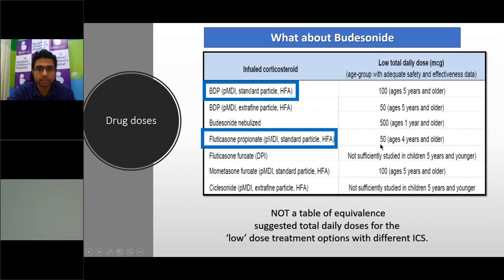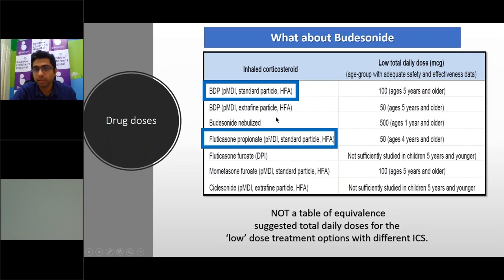This is per day, so 100 per day is the total low dose which is recommended. However, we don't have Indian studies showing the long-term risk for budesonide. We still continue to practice budesonide, that is Budecort 100 BD, as the initial low dose therapy for children in the age group of less than 5 years.